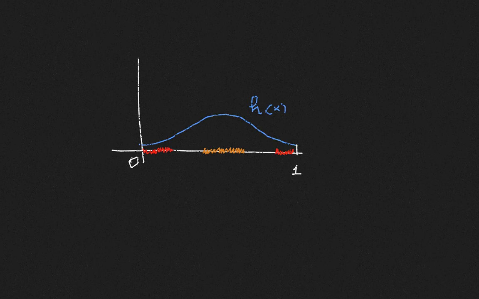Whereas for the uniform distribution, the red and the yellow, the orange part are more or less the same. So that means that we will be drawing a lot of samples that we will reject because they are in places where our density doesn't have a high concentration.